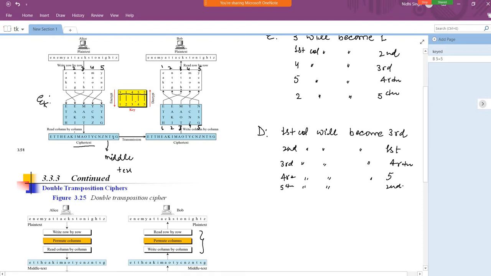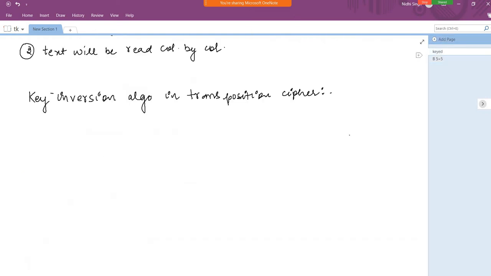But sometimes it may be possible that the encryption and the decryption key will be different from each other. From the encryption key, you have to generate a decryption key. In that scenario, you have to apply the key inversion algorithm. The steps are very simple and very easy to understand.